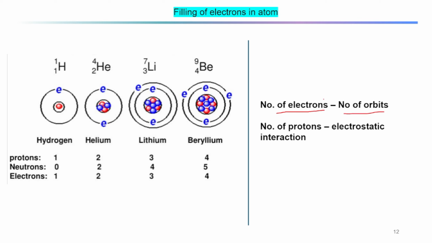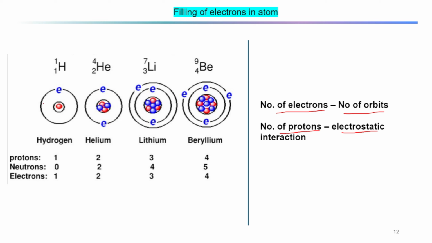Depending upon the number of protons, the electrostatic interaction between the nucleus and the electrons will differ. If you have more protons, the electrostatic interaction will increase, and when you have fewer protons, the electrostatic interaction will decrease.